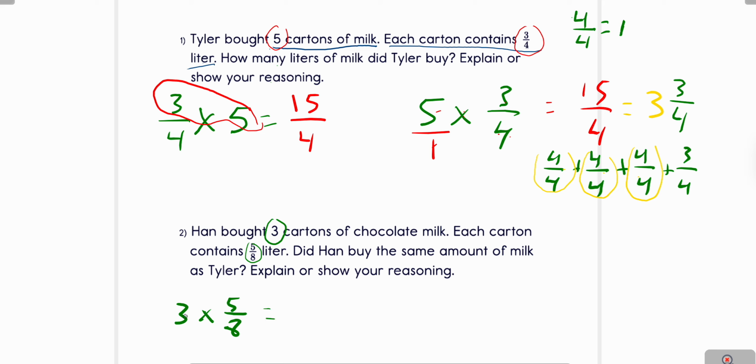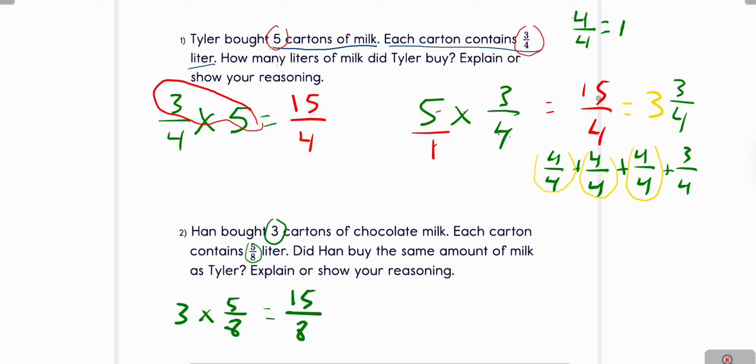So we multiply this whole number by the numerator. So 3 times 5, again, is 15/8. So 3 times 5/8 is 15/8. So did Han buy the same amount of milk as Tyler? Han bought 15/8 and Tyler bought 15/4.